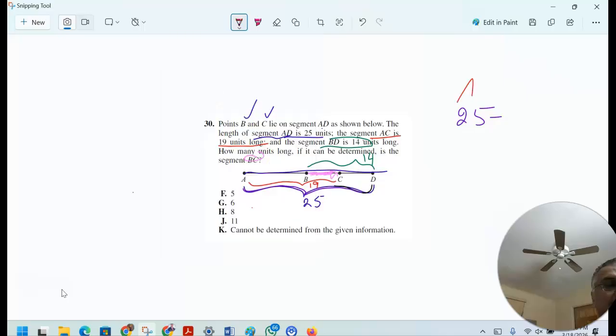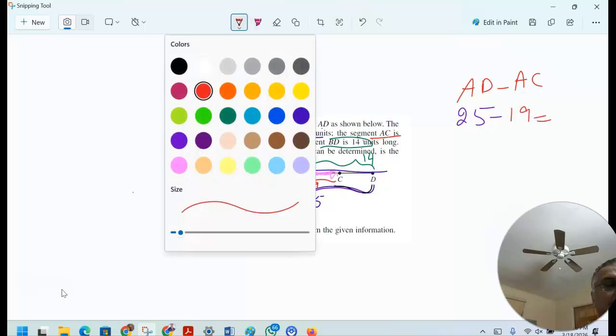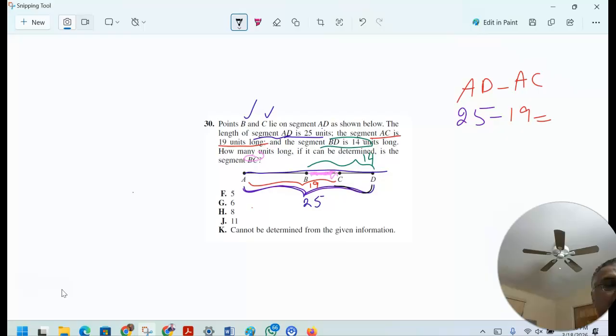That means AD minus AC, which is 25 minus 19, will give you 6. So which one is 6? It's this piece CD. So you get this as 6.